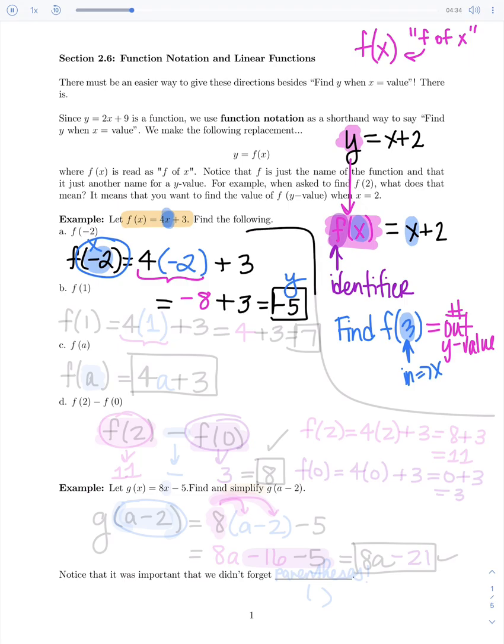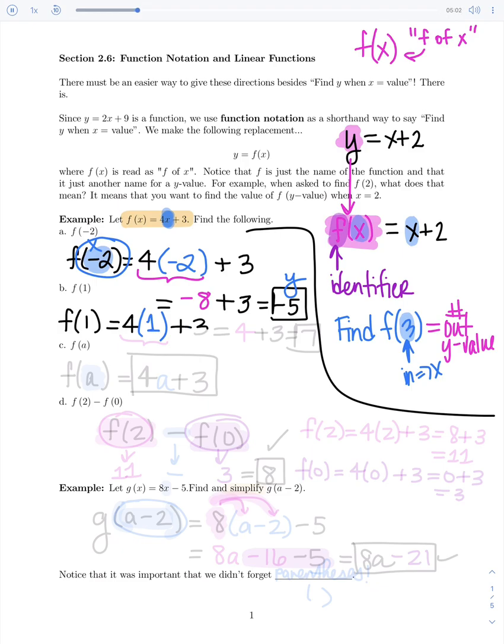Here I'm starting to get confused, so let me line that off. In B, they want us to find f of 1. Same idea. We take our 4 that was in front of the x, then replace our x with a 1, just like before. If you plug in anything for x, don't forget to put parentheses around it.